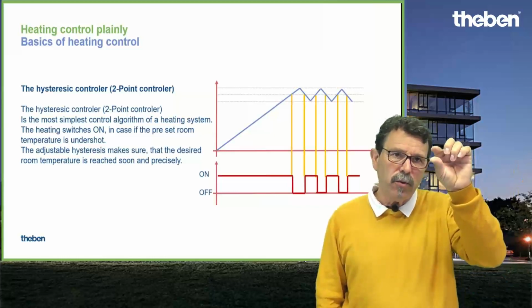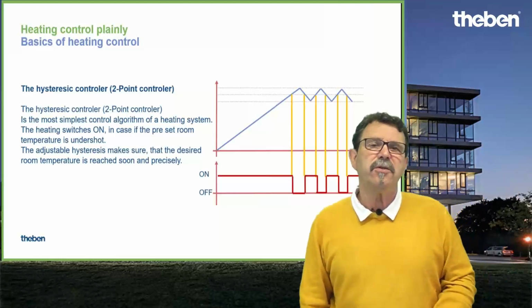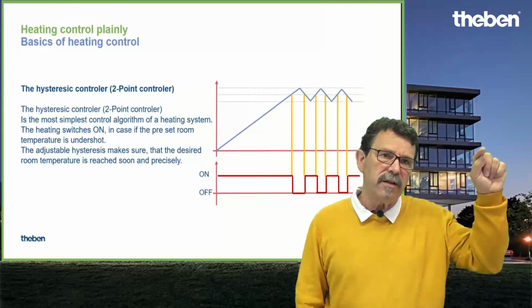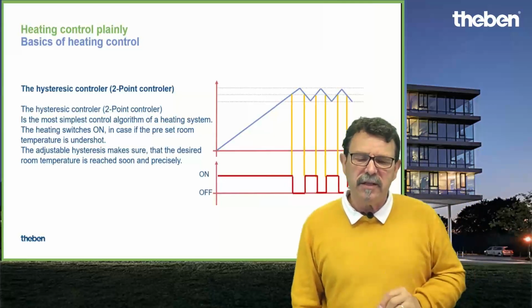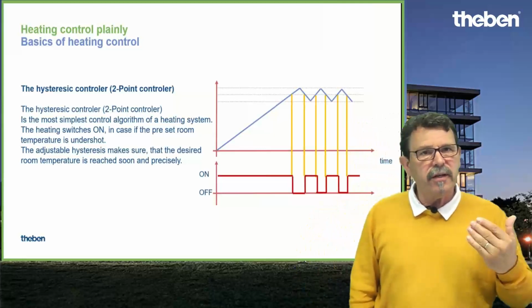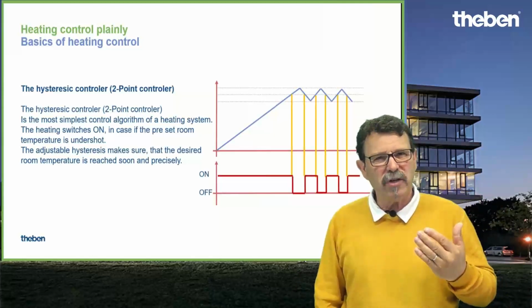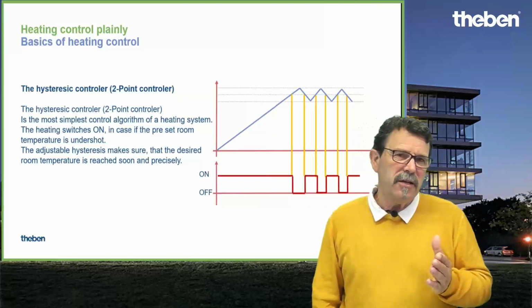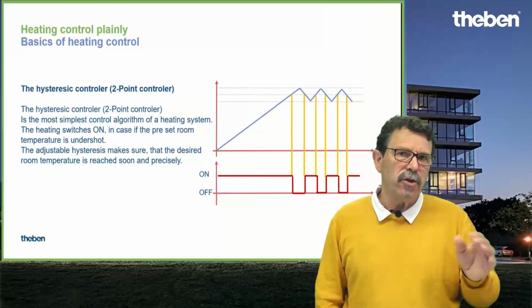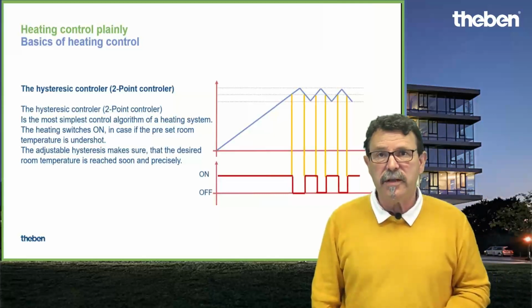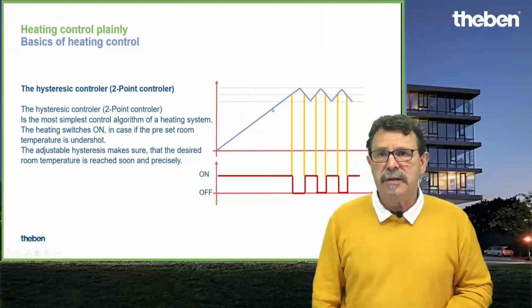When you reduce the hysteresis, it becomes rather correct. But then the heating activity is rather frequent. That means we have permanent on and off in order to keep the temperature smooth and rather precise.